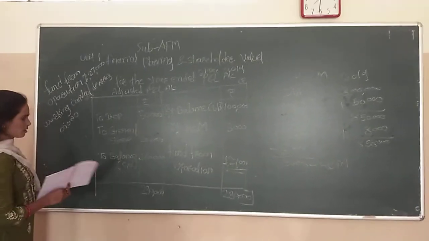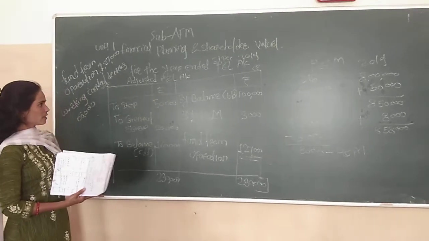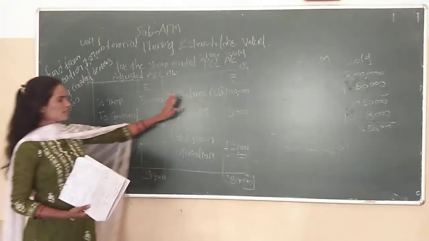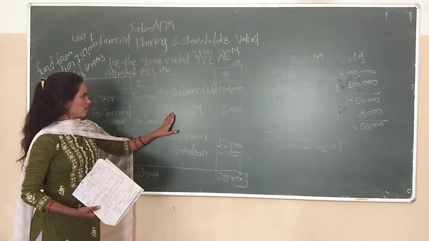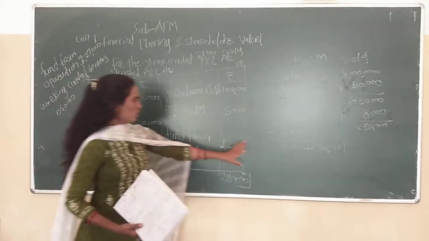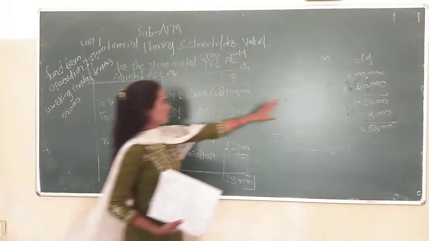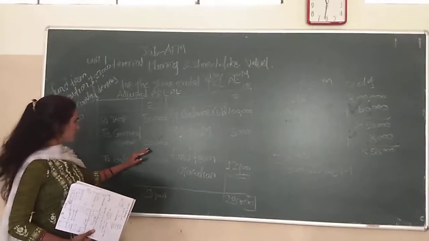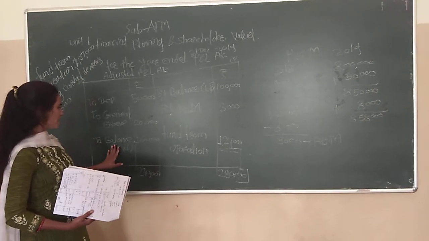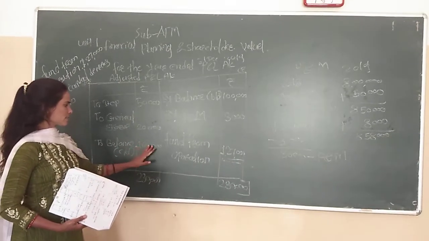And the next statement. This is the adjusted profit and loss account. By balance brought down, this is the 2018 figure, 1 lakh, and next, profit by plant and machinery, this is the loss 3,000. Okay. To depreciation charge 50,000. To general reserve 20,000, and by balance carried down, meaning 2019, by profit and loss account balance 1,60,000.